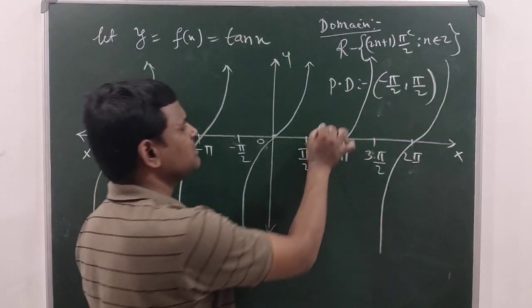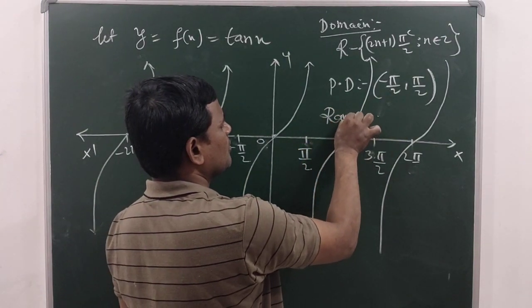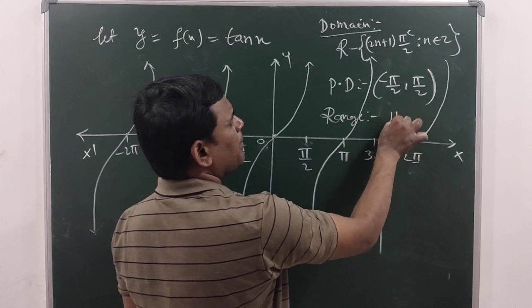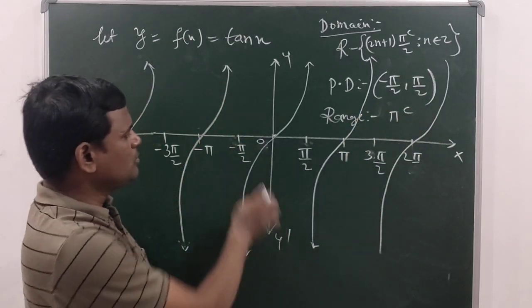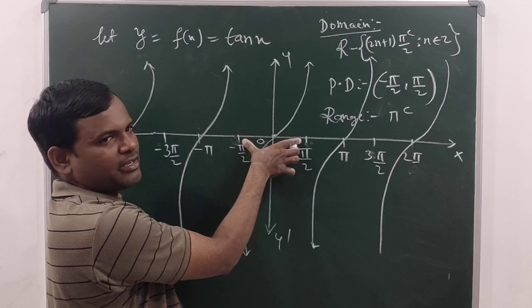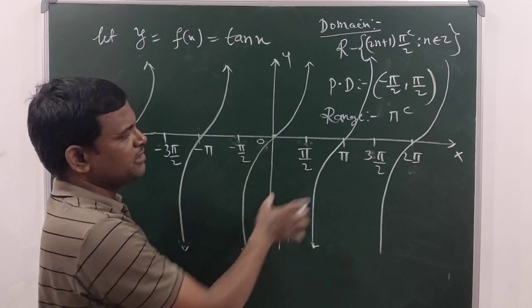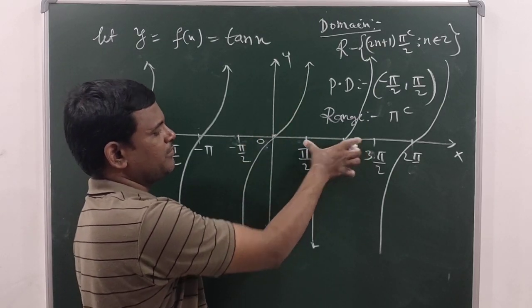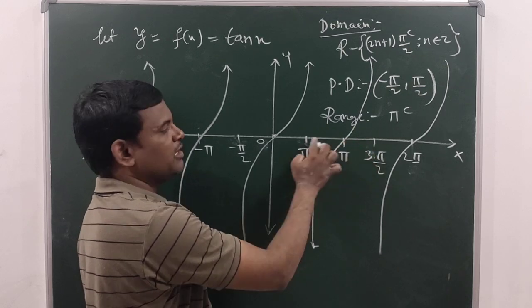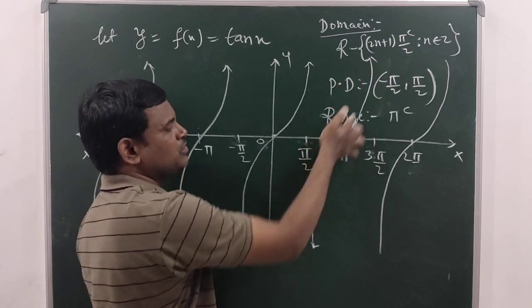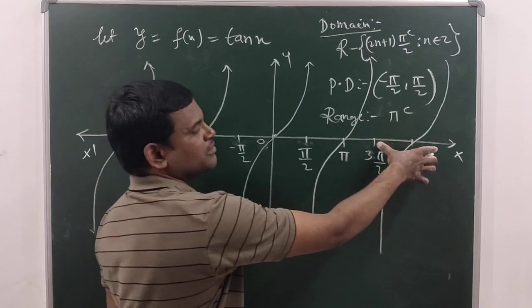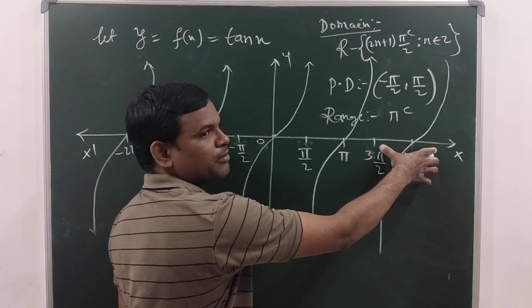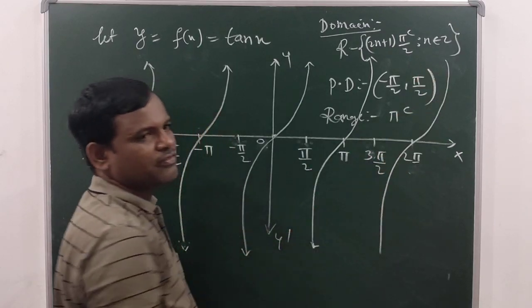And whereas range, pi radians here. So from minus 90 to 90, pi. So the graph goes like this. Again in the next pi, 90 to 270, the length is pi. So the same graph is repeating. Next, in the length of pi, you get the same graph.